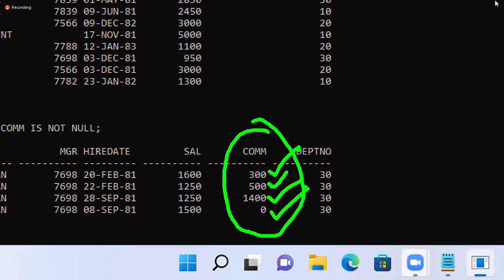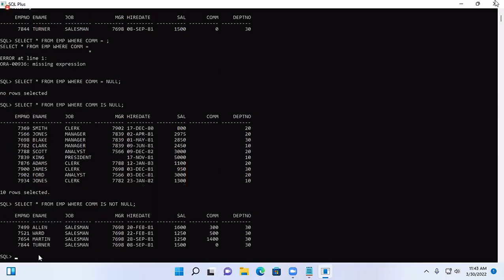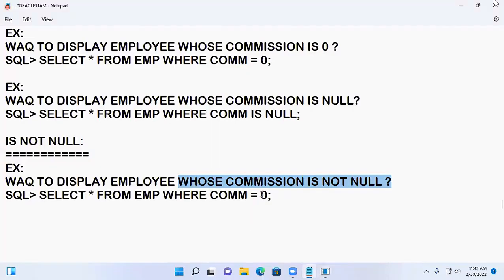This is a negative operation, guys. So this is one problem we can identify with nulls, by using the IS operator.